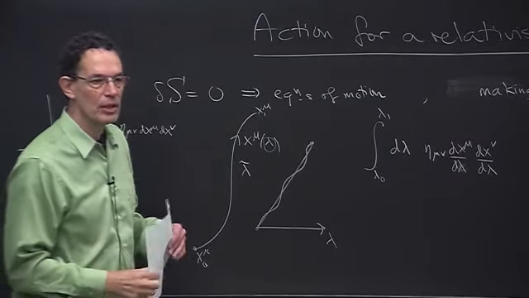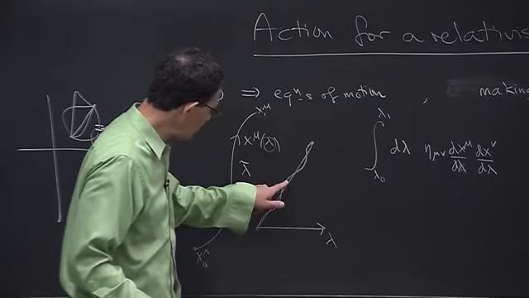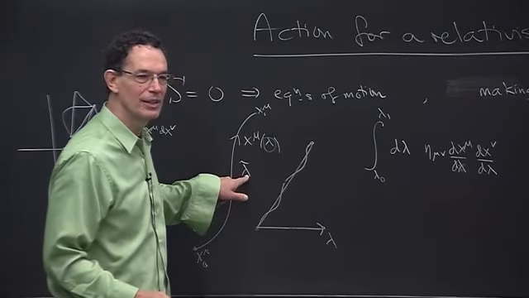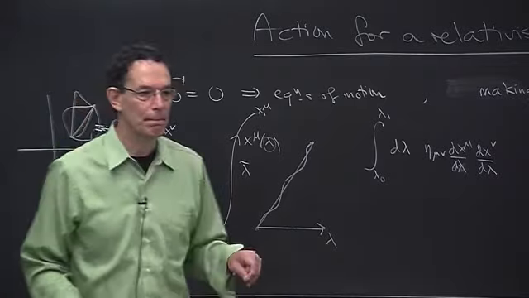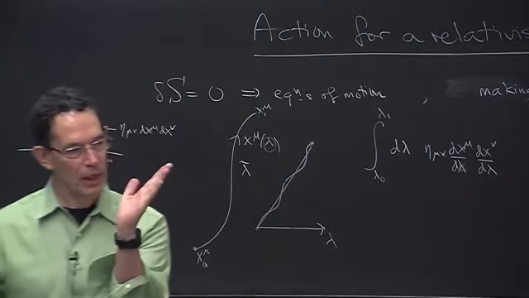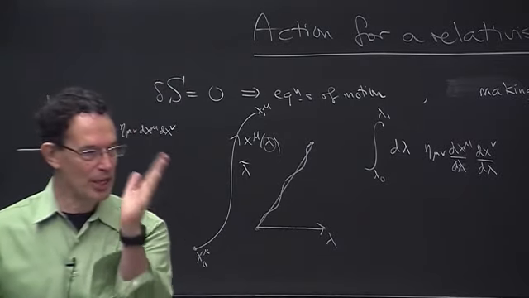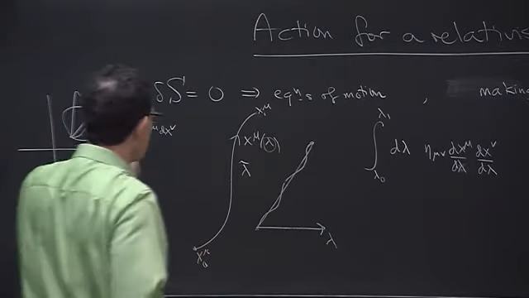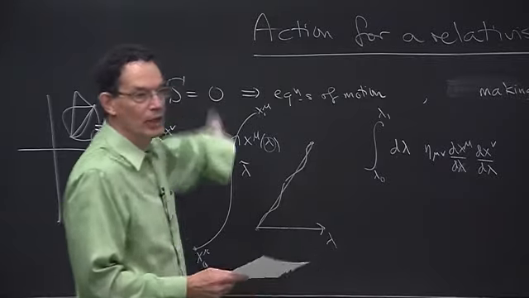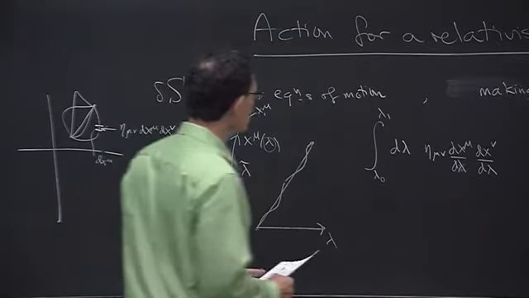Why not? For each lambda, there's a single value of lambda tilde, and therefore a single point on the world line. So providing you reparameterize the line in any way which is monotonic, nothing really changes. There's no preferred lambda.